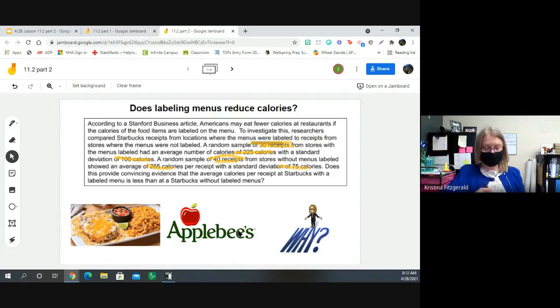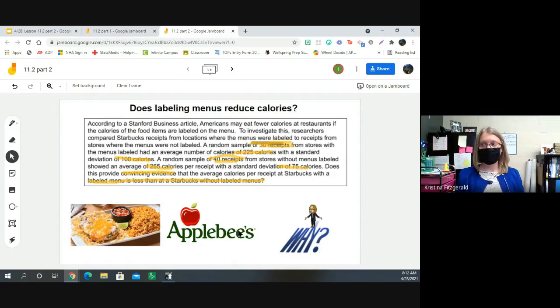Does this provide convincing evidence that the average calories per receipt at Starbucks with a labeled menu is less than with a not labeled menu? We're going to investigate the difference between the two receipt groups and see if that difference is a common difference we would expect, or if the chance of it happening is unusual.